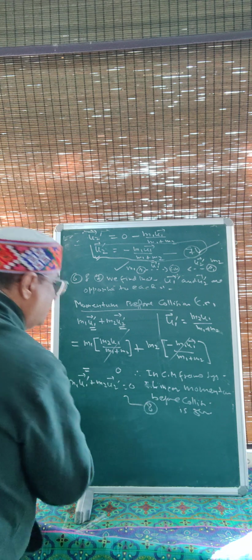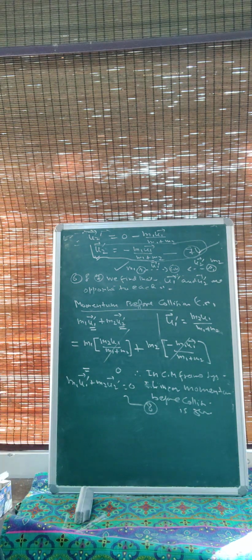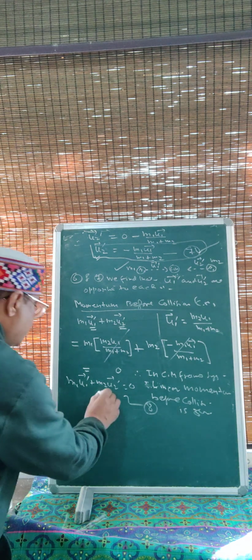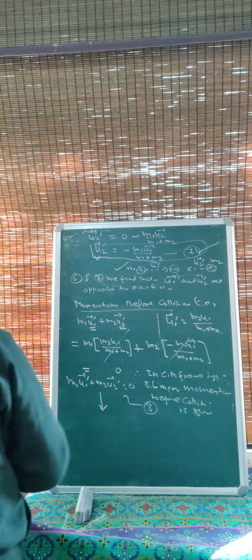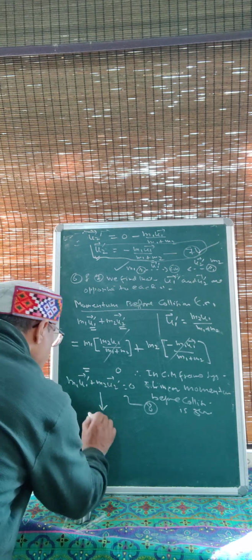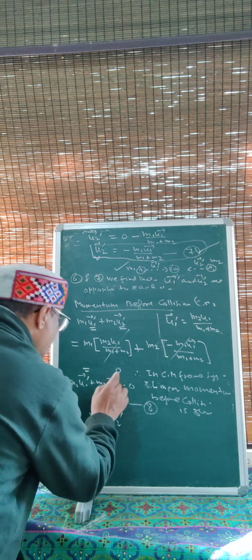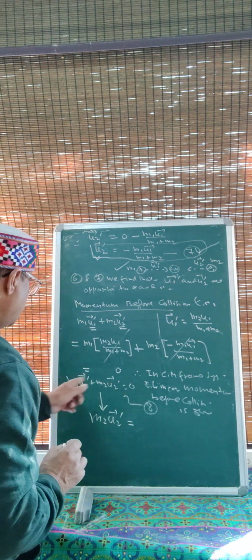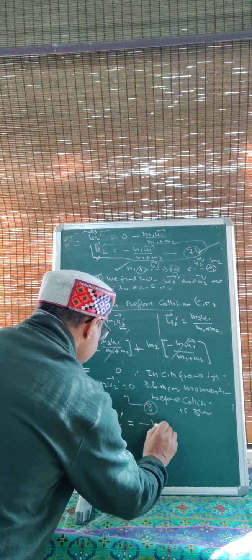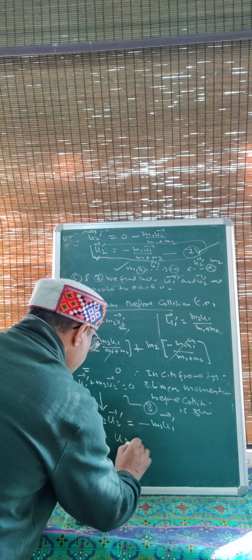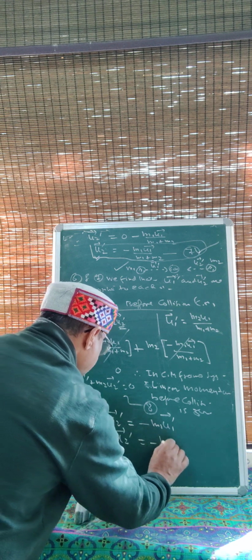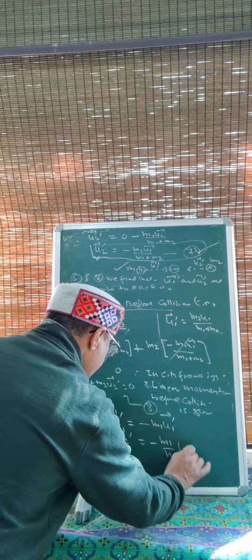This equation number 8 can be written in another way, that is m2 u2 dash is equal to, transposing to the other side, minus m1 u1 dash, and u2 dash is equal to minus m1 over m2 into u1 dash.